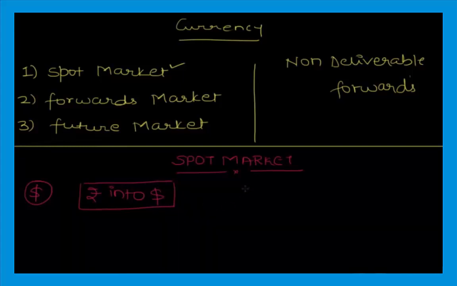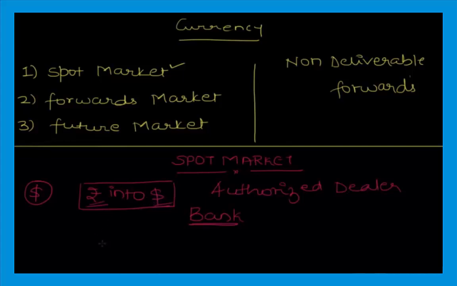For you to convert your currency from a rupee into a dollar or a dollar into a rupee, you need to go to someone who's called an authorized dealer. The biggest authorized dealer in currency is a bank. So whenever you want to convert your rupees into dollars, just go and meet a bank.